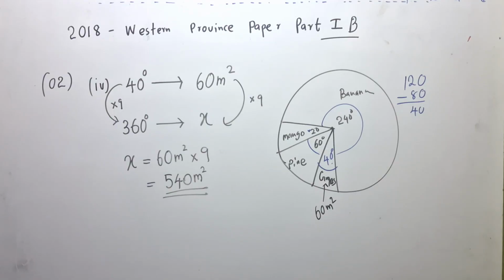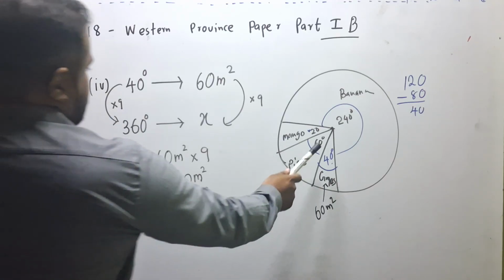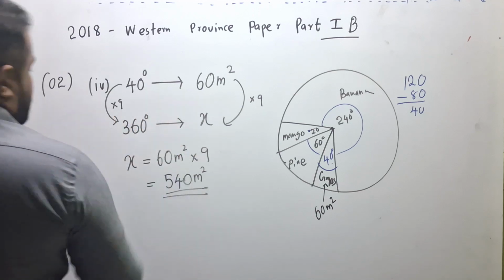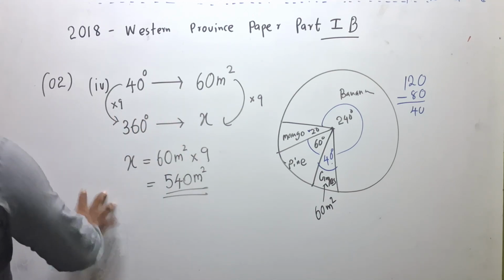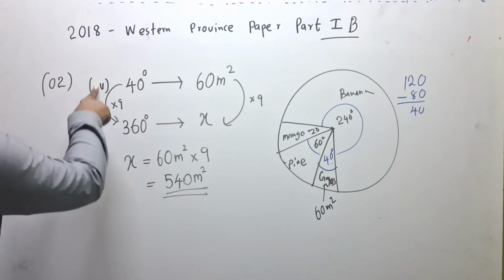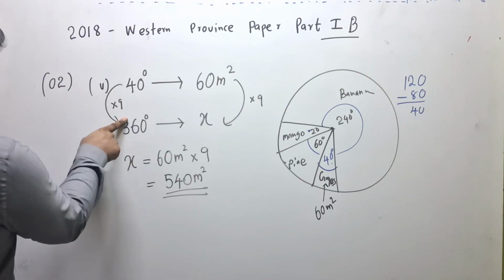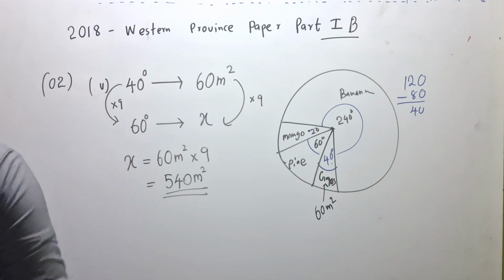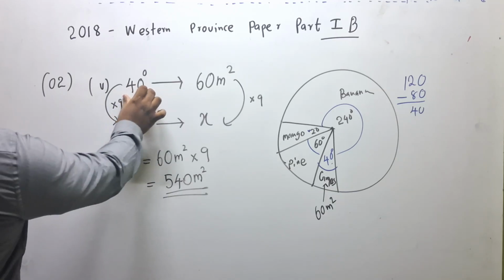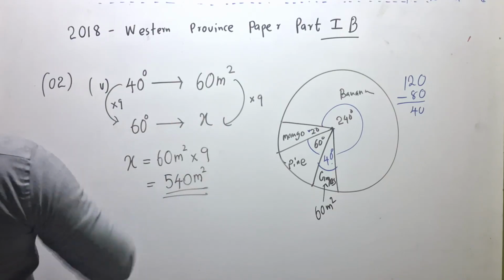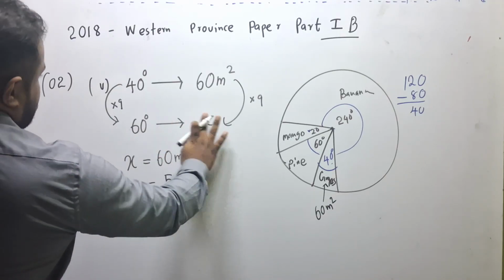Then question number 5. Find the area of the land used to cultivate pineapple. Pineapple, 60 degrees. Okay, you can use this same method. I will erase these parts, and it becomes the 5th question. 40 degrees representing 60 square meters. 60 degrees representing how many square meters?